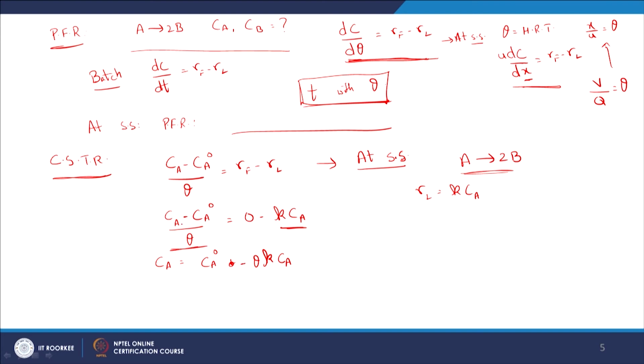So CA is equal to CA naught minus theta into KCA. If I bring this term over here, CA into 1 plus theta into K is equal to CA naught, right. And then it's going to be CA is equal to CA naught by 1 plus K theta, right.